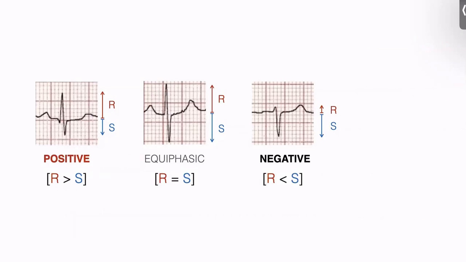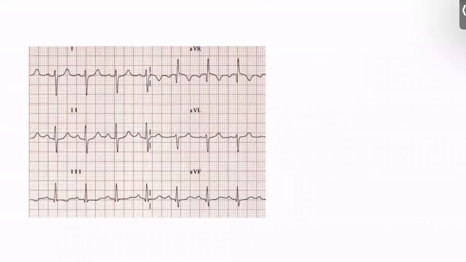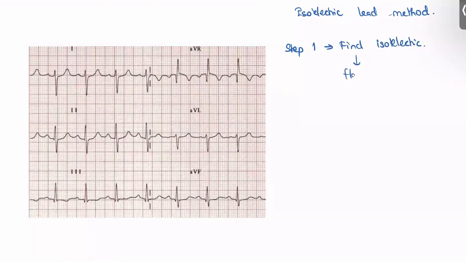What is used for equiphasic? The isoelectric lead method. It is quite difficult. Step 1, you have to find the isoelectric lead. Isoelectric means a flat QRS with no positive or negative deflection. Sometimes there are such leads, and it may be seen in lead 1 in COPD.